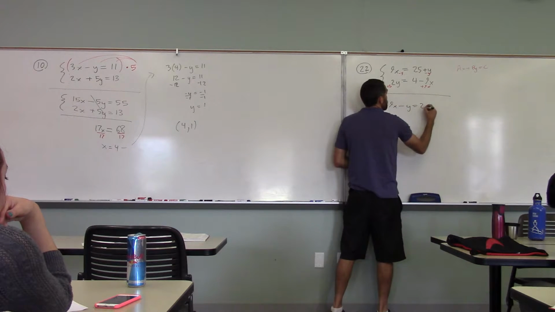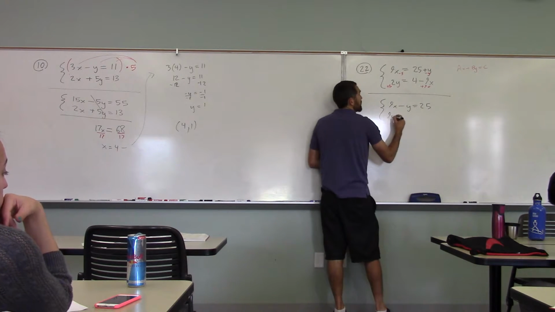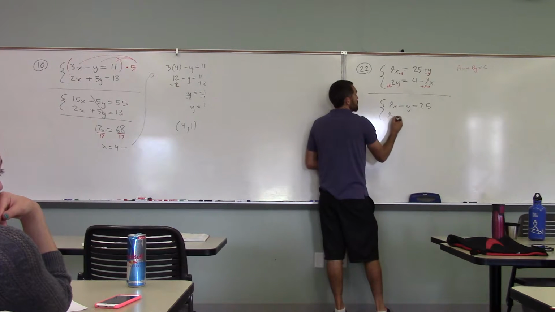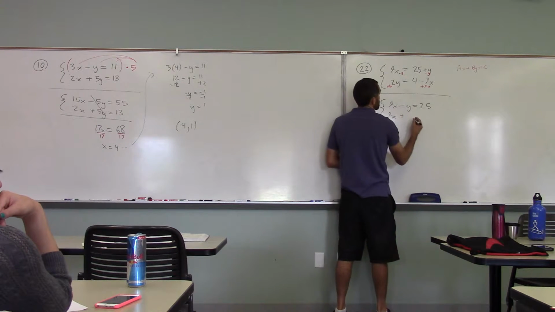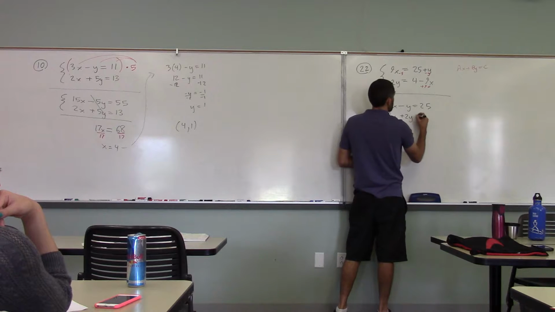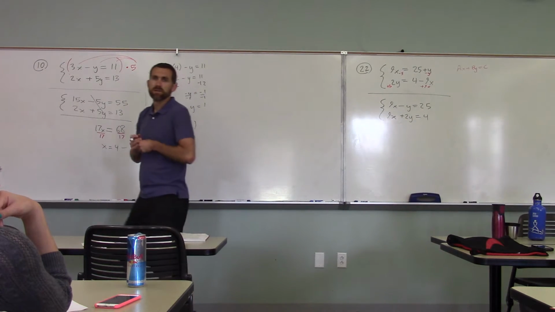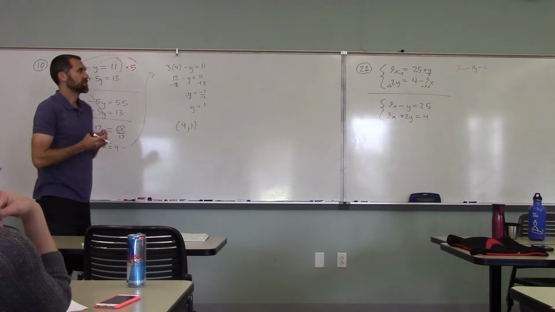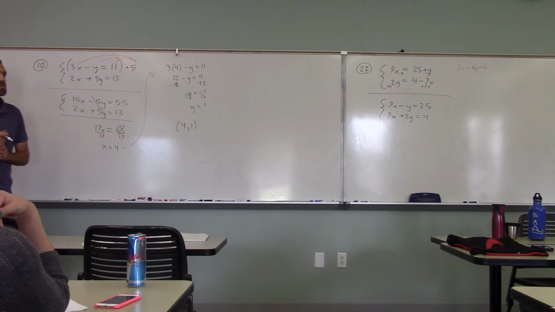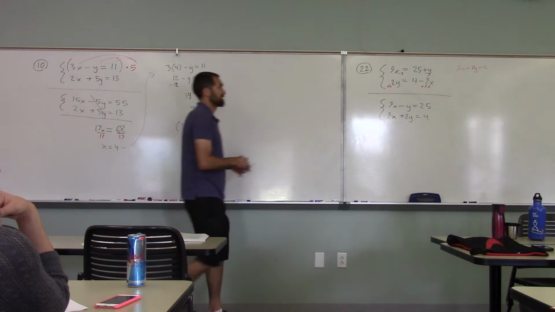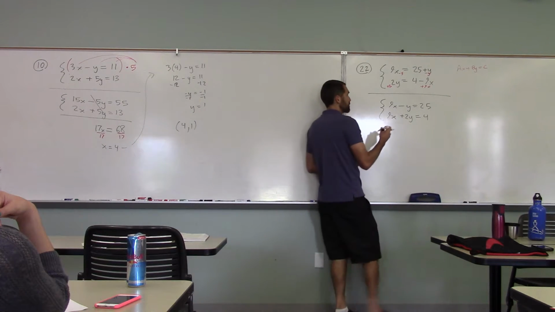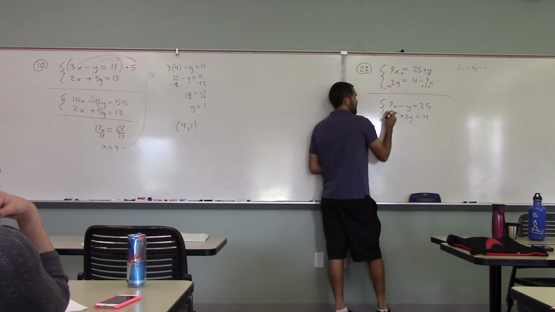Okay, so now we've got the same system of equations. 9x minus y equals 25, and 9x plus 2y equals 4. Okay? So what could we multiply by? You could do either one by -1, and you can get the 9x to cancel out.